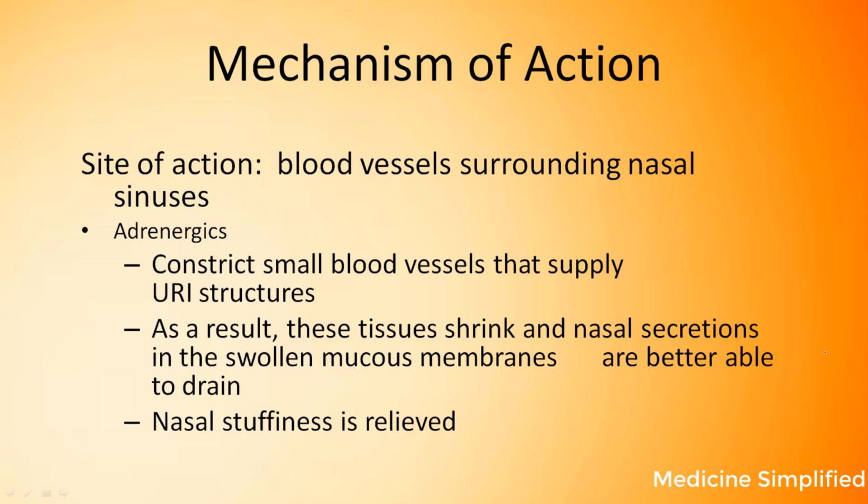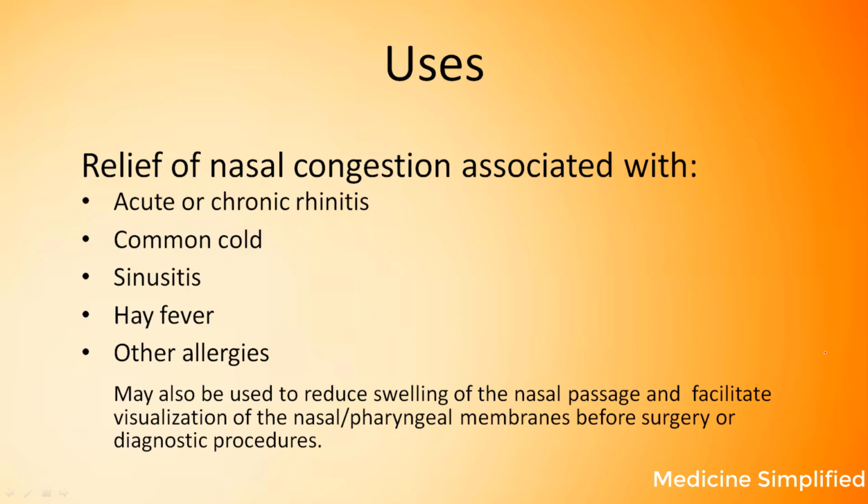Adrenergic action: they constrict small blood vessels that supply upper respiratory tract structures. As a result, these tissues shrink and nasal secretions in the swollen mucosal membranes are better able to drain. Nasal stiffness is relieved. Relief of nasal congestion associated with acute or chronic rhinitis, common cold, sinusitis, hay fever, or other allergies.